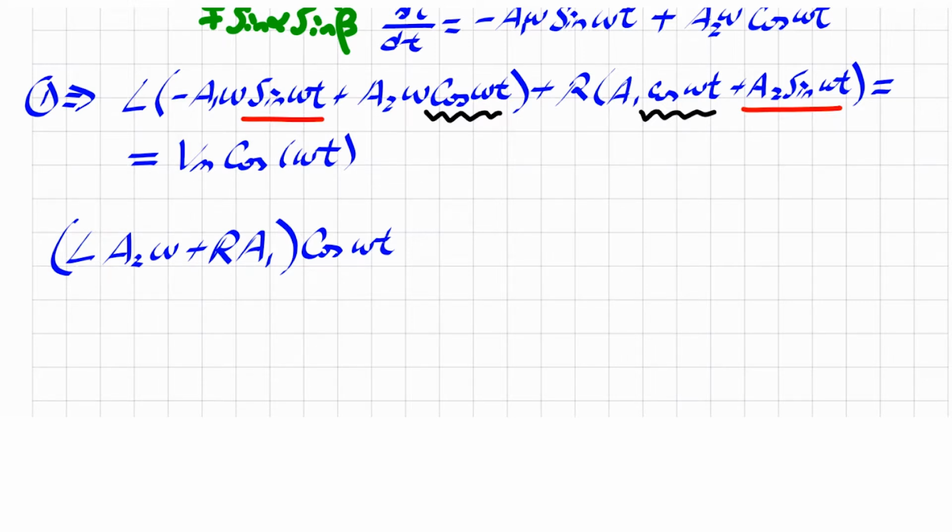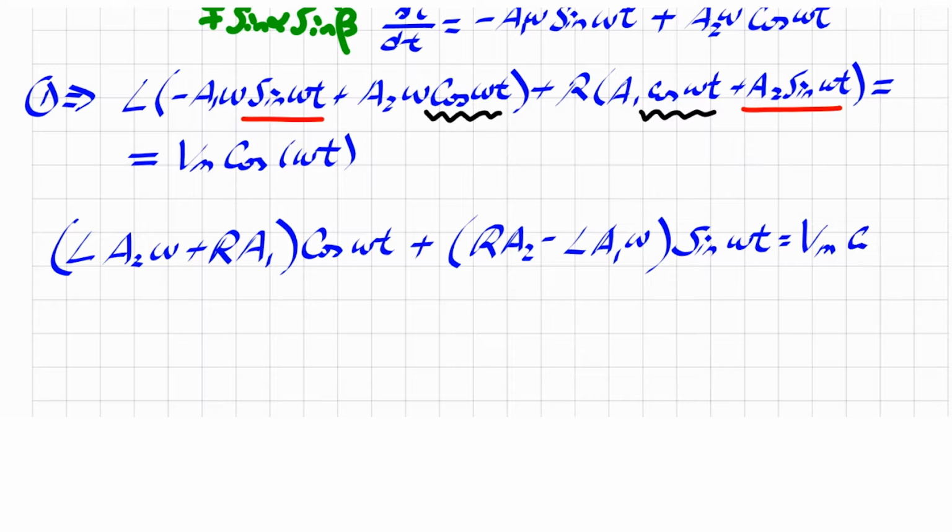Now I'm going to combine the sine omega t's. So I'm going to add R times A2 minus L A1 omega, that times sine omega t. And this is equal to Vm cosine omega t.